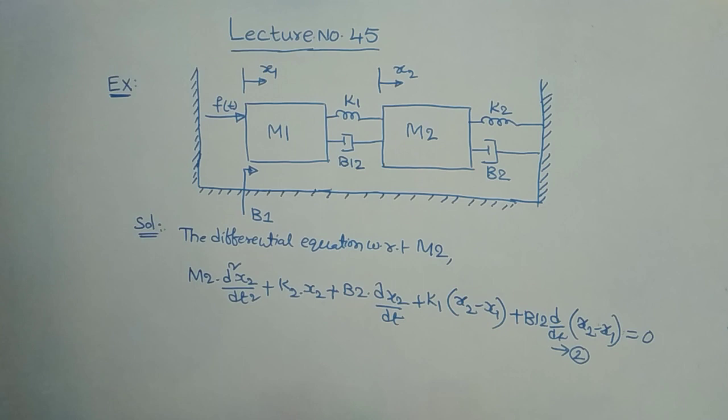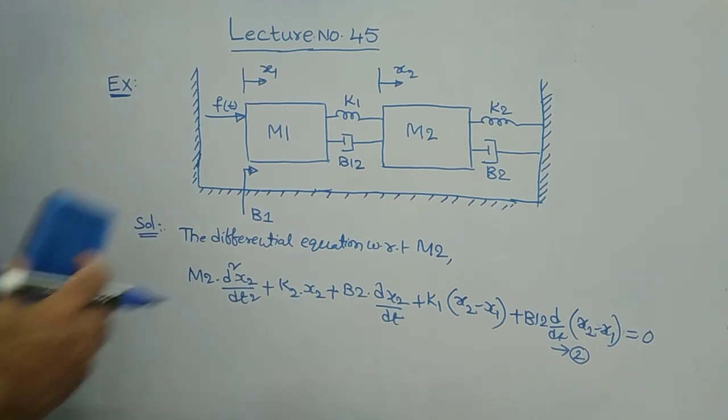Remember that sometimes in competitive examinations like the UPSC CES examination, you will have the differential equation part. Basically, they will ask you to write the differential equations for the given block diagram. So these are the two expressions.